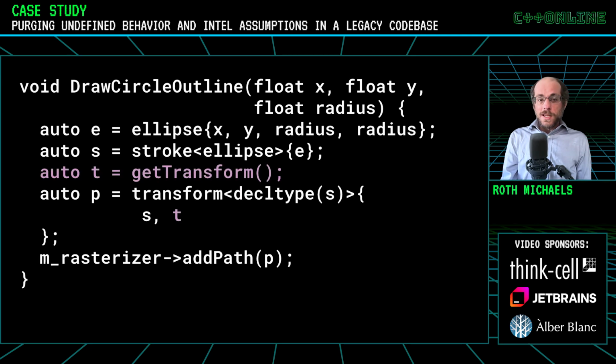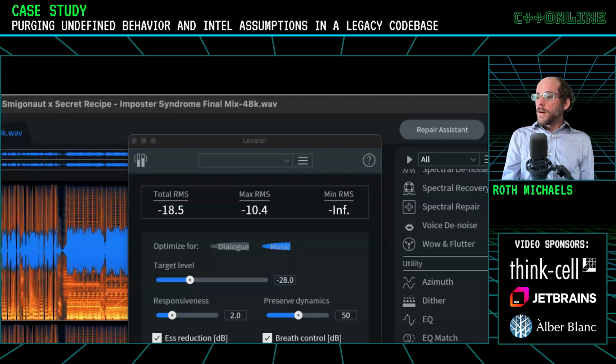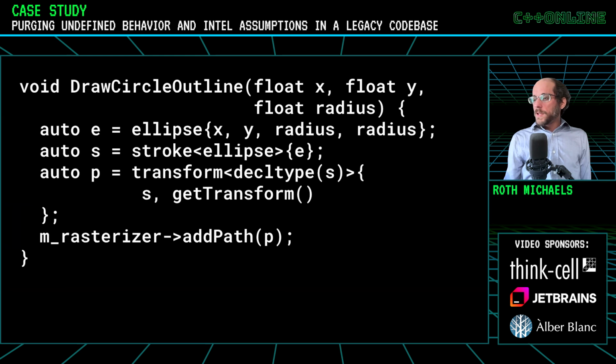Now, the really crazy thing is what was actually happening that made our ellipses like this or our trapezoids like this. Well, it turns out that when this undefined behavior of the get transform happened, at some point in the add path function, instead of passing x and y coordinates around, it just started passing x and x instead, because this code is invalid because of invoking this undefined behavior.